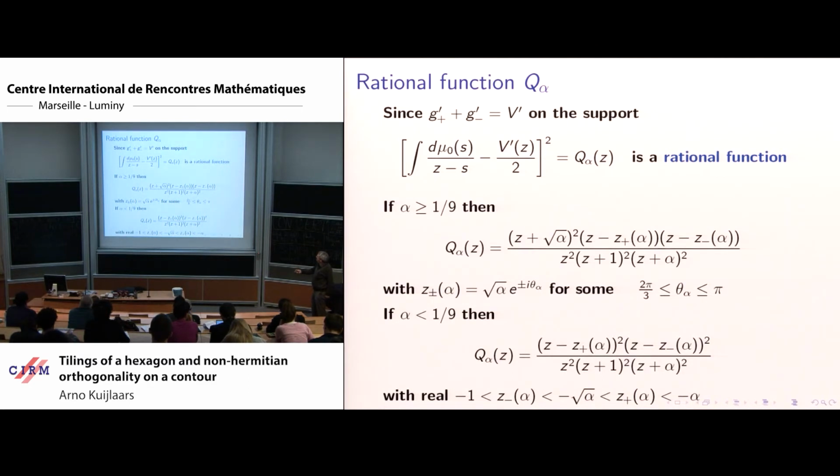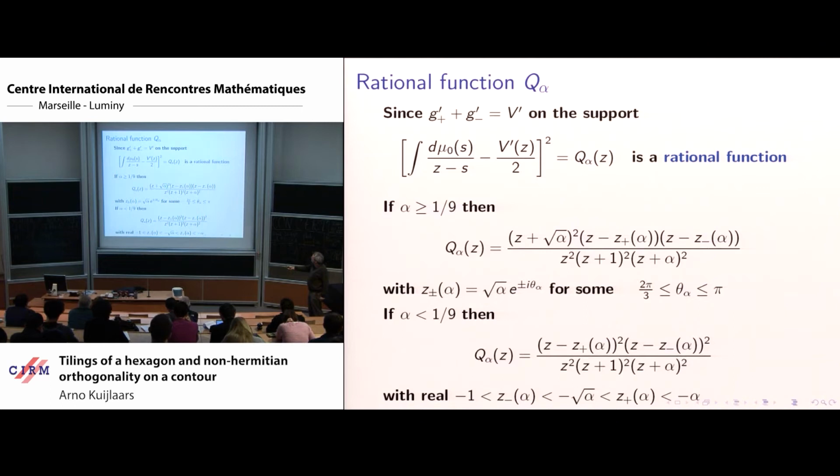If alpha is bigger than 1/9, then this Q alpha has double poles, as I already indicated. It has two simple zeros, at z plus and z minus. These will be the endpoints of this limiting support of the zeros. Z plus is in the upper half plane, z minus in the lower half plane.